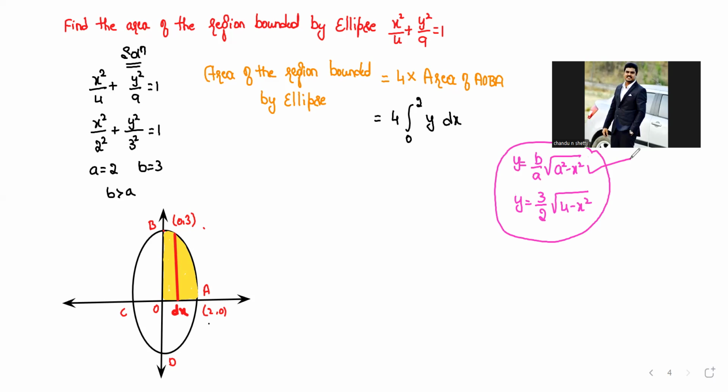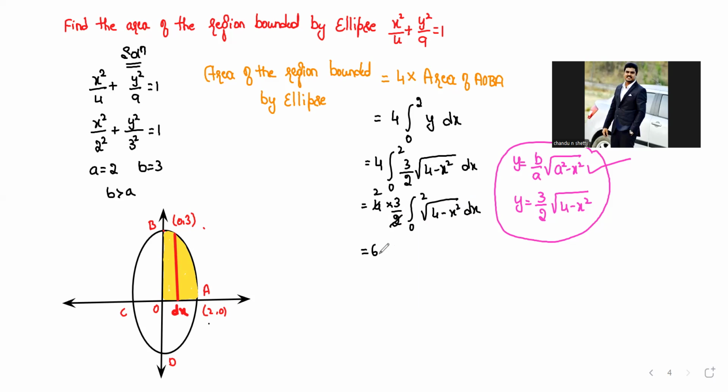Now observe, 4 into integral 0 to 2, 3 by 2 square root of 4 minus x square into dx. So 3 by 2 is constant, you should take it outside of the integral. So 3 by 2 integral 0 to 2 square root of 4 minus x square into dx. 2 ones are 2, 2 twos are 4, 3 twos are 6.